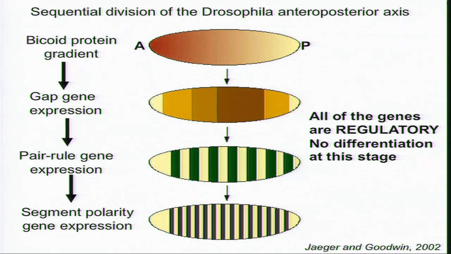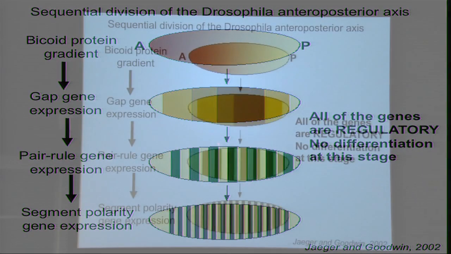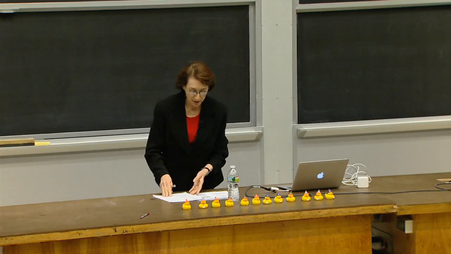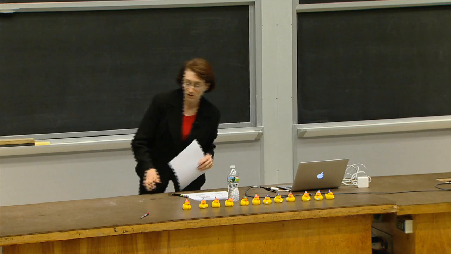A little later, after fertilization, you start to see literally these stripes of RNA or protein across the embryo. And then the stripes of different proteins and RNAs get narrower as the embryo is divided up into its segments, and so on. And so what you see out of this is the embryo being divided up from one large territory into smaller and smaller territories. But the question is, where does it all start?